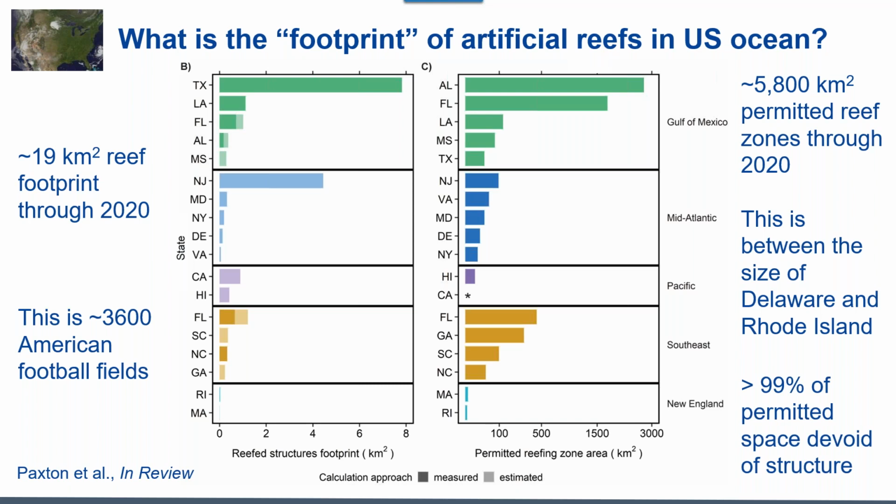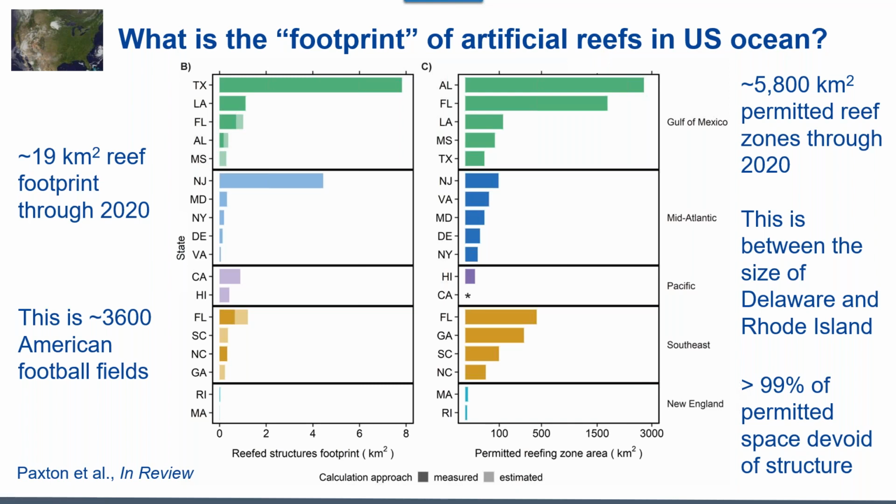And one of the really interesting things that we learned in this analysis is that if we do the math of about 5,800 square kilometers of permitted reef zones versus the 19 square kilometers of reef structures, that means that actually greater than 99% of the permitted space is devoid of structure. And why is that?